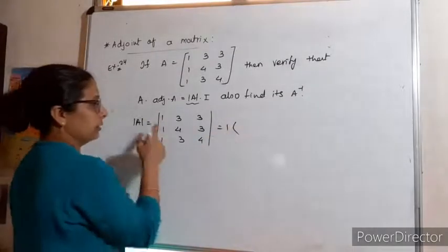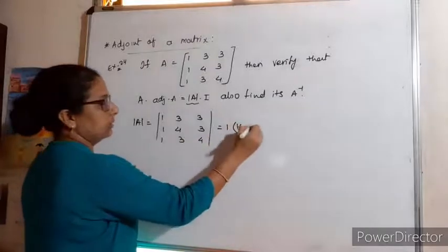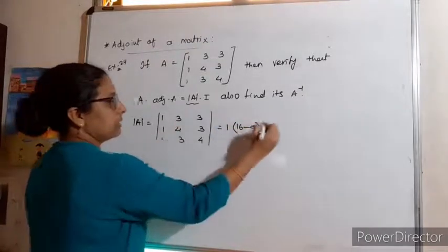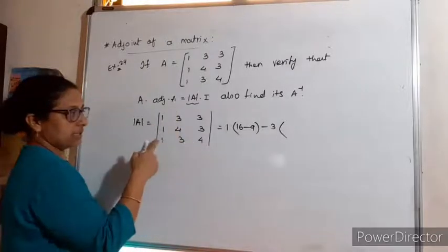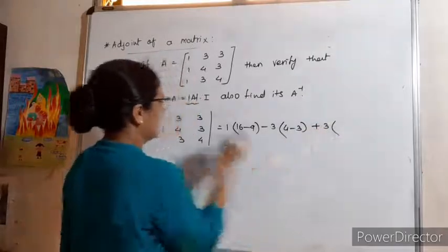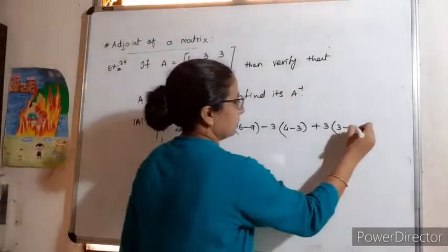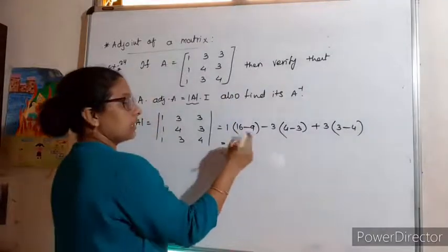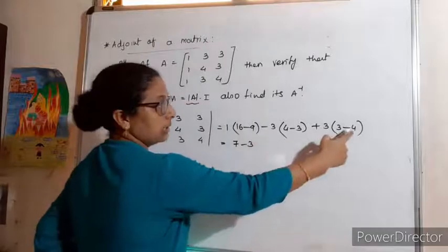1, hide this, 16 minus 9, minus 3, hide this, 4 ones are 4 minus 3, plus 3, 3 minus 4. 16 minus 9 is 7, 4 minus 3 is 1, that is minus 3.